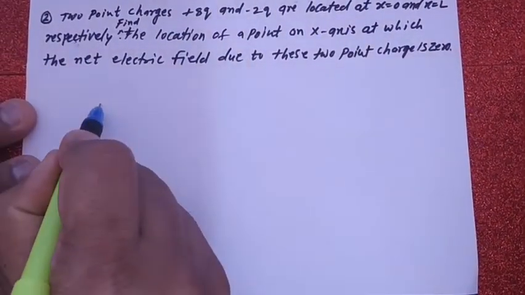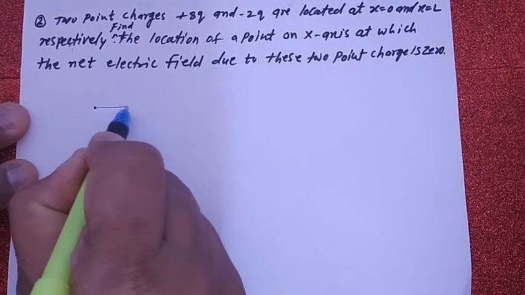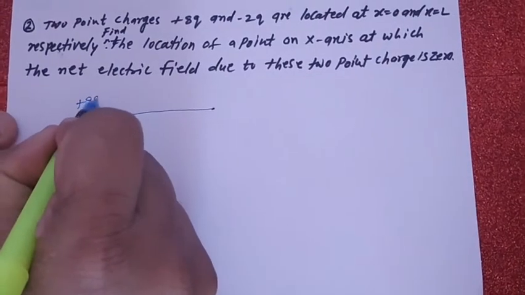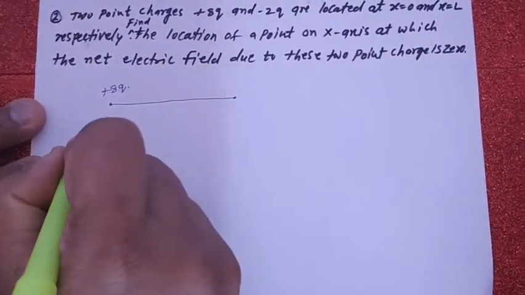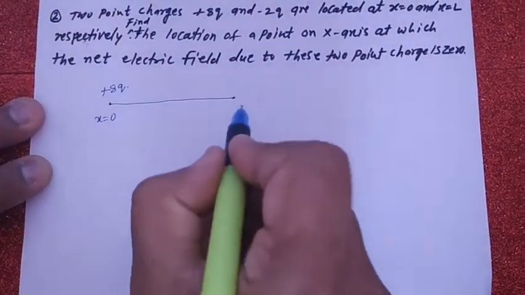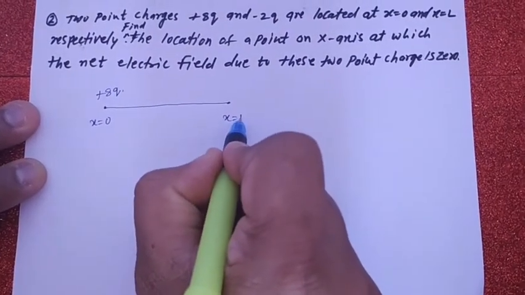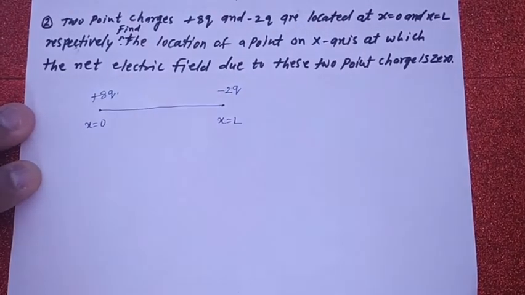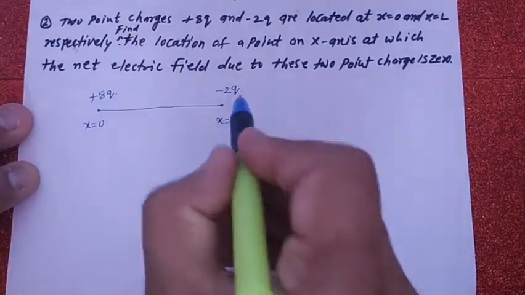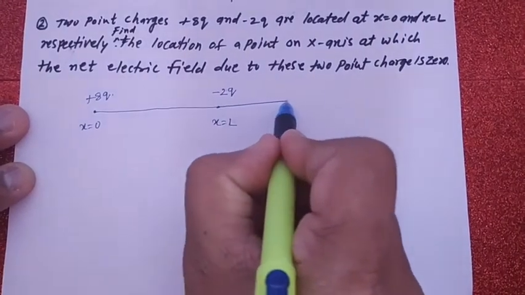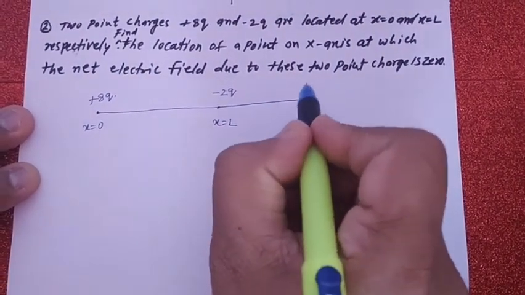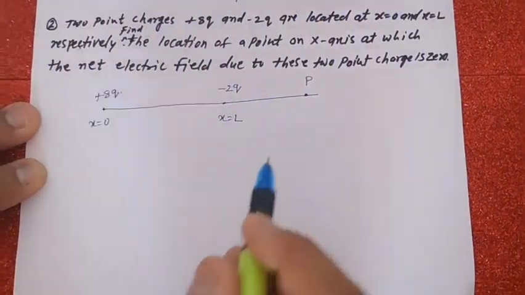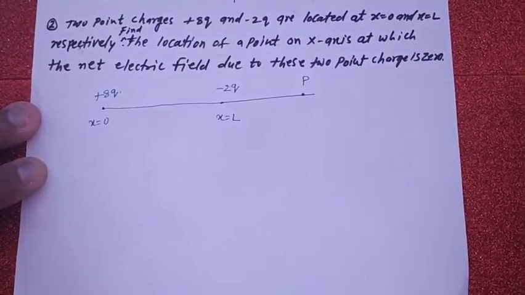So here is the plus 8q charge at x equal to 0, and here is x equal to L, the minus 2q charge. We extend this line and take a point P at which the net electric field is 0.